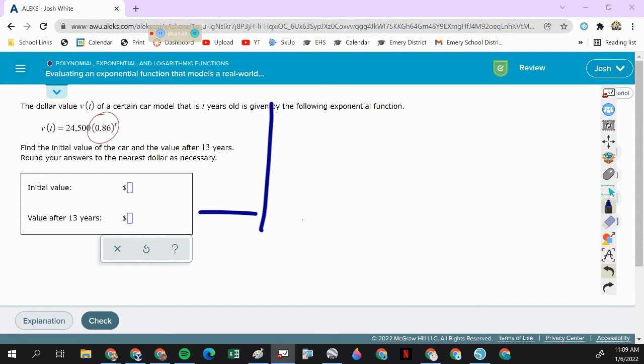If we look at the graph, the graph's going to look like this, right? The first year, we're going to lose, I don't know, $3,000. The next year, are we going to lose $3,000 again? No, we're going to lose like $2,700. Why? Why does the loss get smaller?